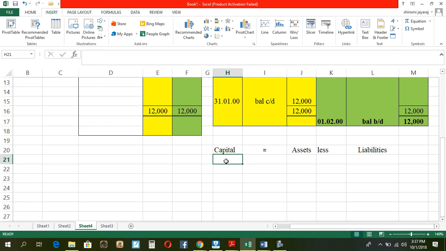Now tell me, cash belongs to which category? Is it capital, is it asset, or is it liability? Cash. Last class we learned the classification of assets and liabilities. It's a current asset, therefore it will belong to assets. Cash, and what was the value? 12,000. It's a plus value, so you just write it as 12,000.